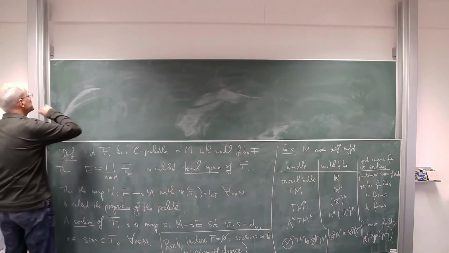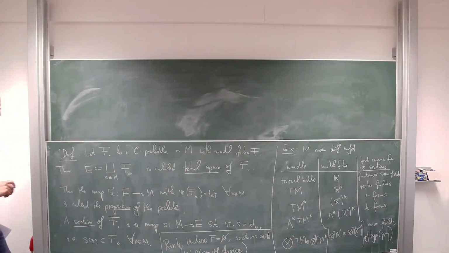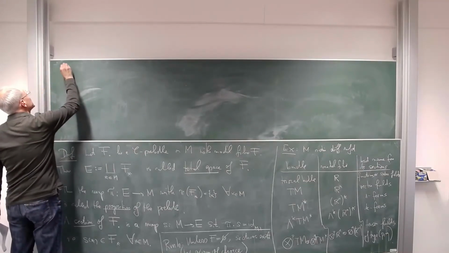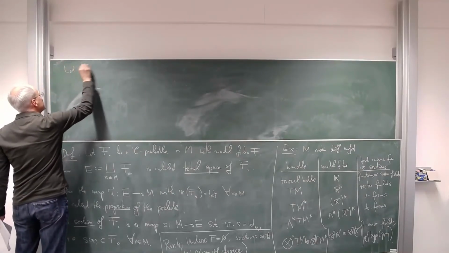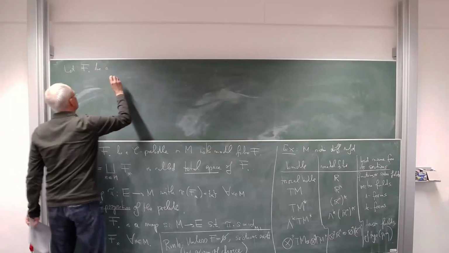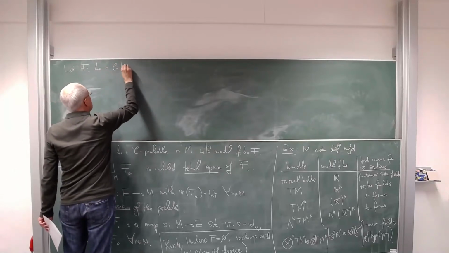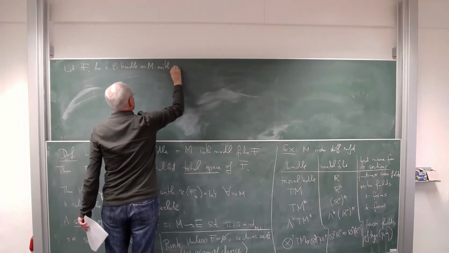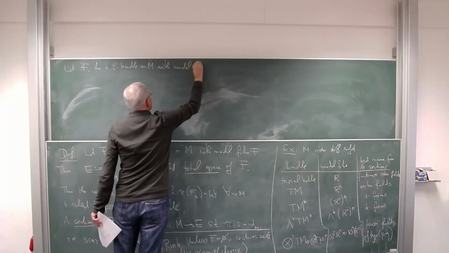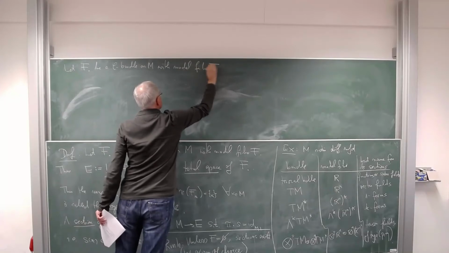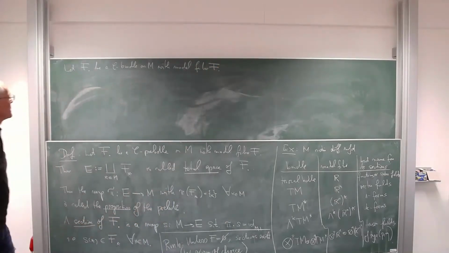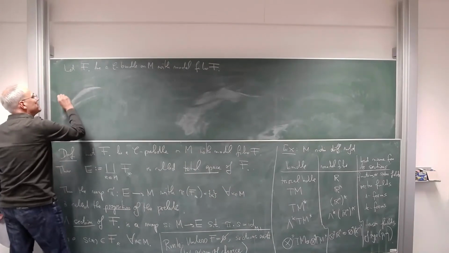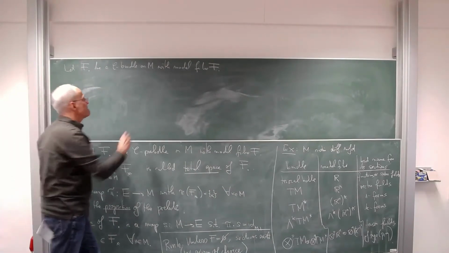Okay, so what's the setup now? I need to take a true bundle. So let E be a C^k bundle on M with model fiber F. Let's say the dimension of M will be n and the dimension of F will be m.